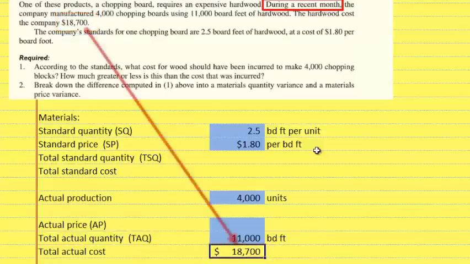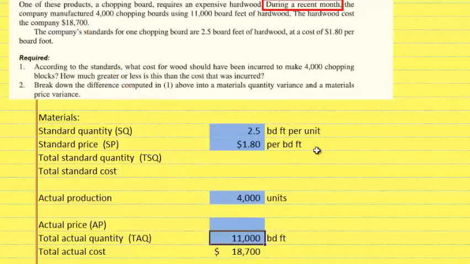So the given information is a little different from the example in the book. We still have 5 pieces of given information, but instead of being given those 2 and having to find total actual cost, we are given those 2 and we have to find the actual price. So why don't you pause the video and see if you can't compute the actual price at this point.